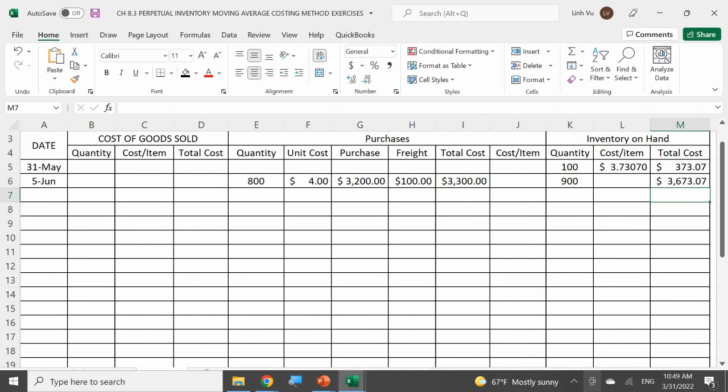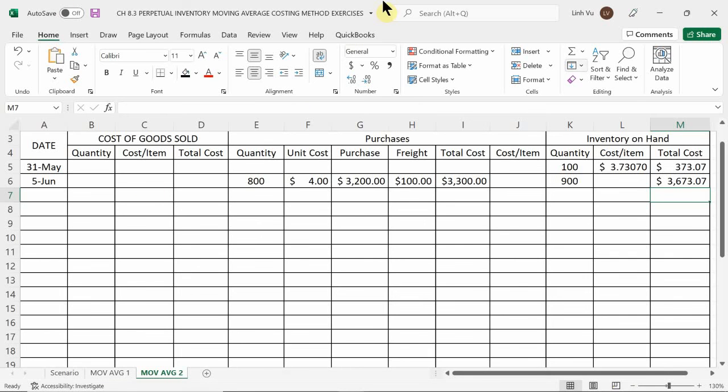So there you go. I have 900 units at $3,673.07. This makes it much easier because now I'm just going to go through the motions. I need to solve for my new average cost per item. So I need to take my 3,673.07 and divide it by 900. And what do you get?